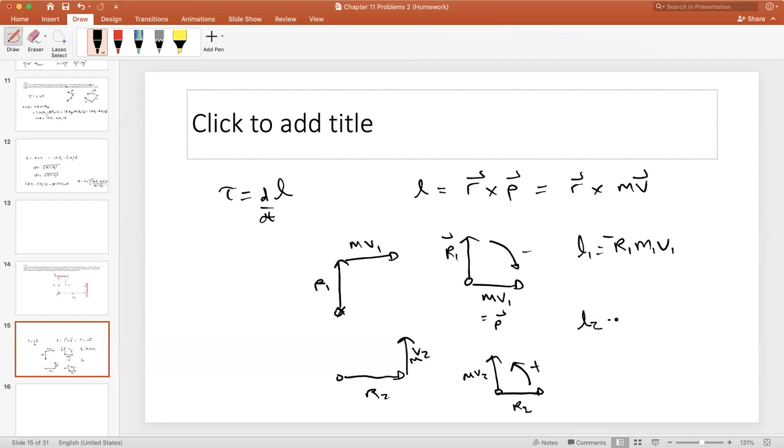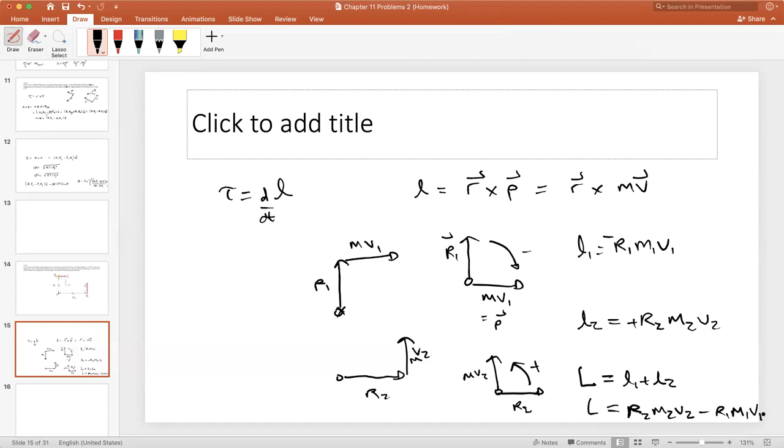So L2 is R2, M2, V2, and it's positive. And the only thing we have left to do is note that L, the total angular momentum, is L1 plus L2. So L here is R2, M2, V2 minus R1, M1, V1.